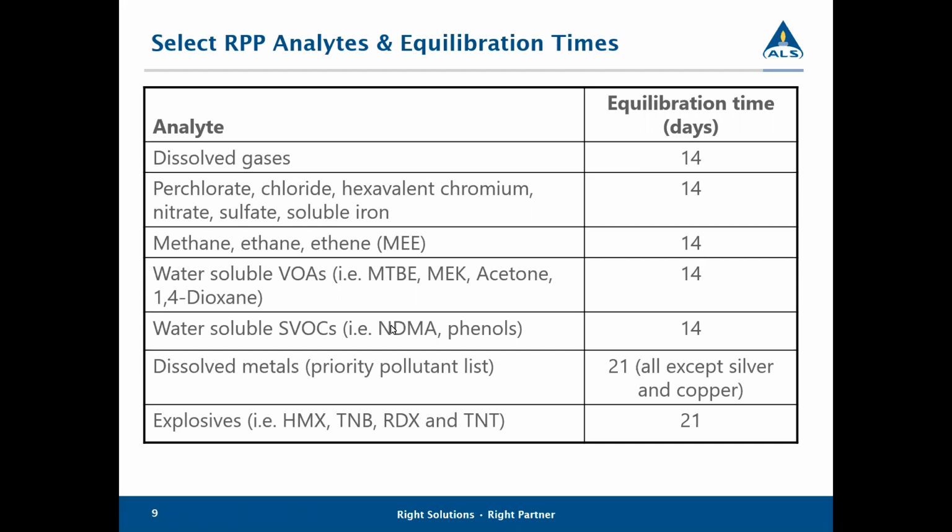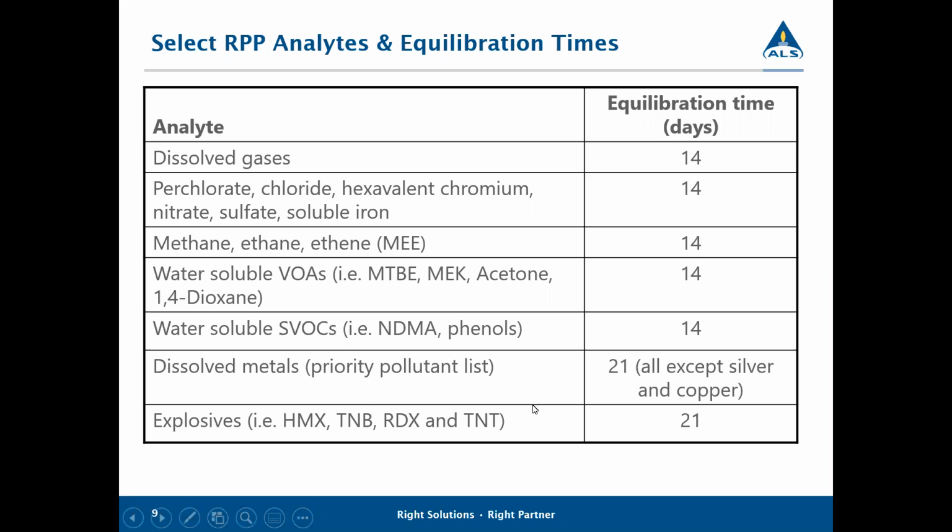Your water-soluble volatiles. So, like I said, there's certain volatile organic compounds that we don't tend to get as good of recovery on with the passive diffusion bags. For those applications, we do recommend using an RPP instead.